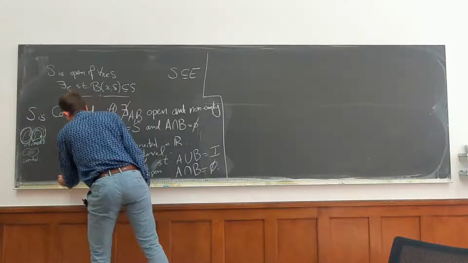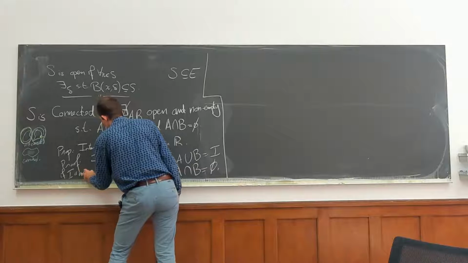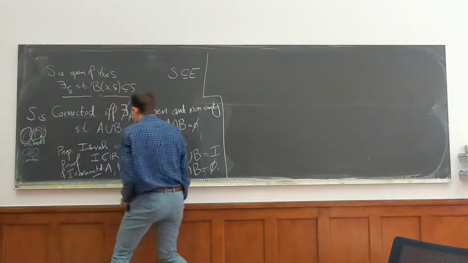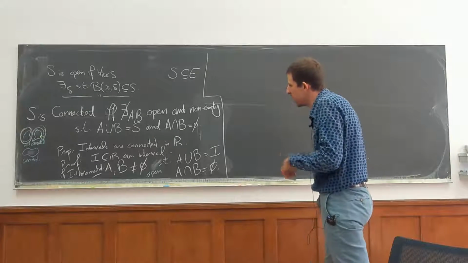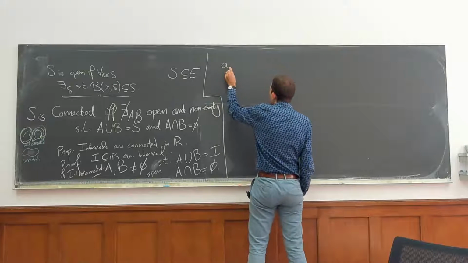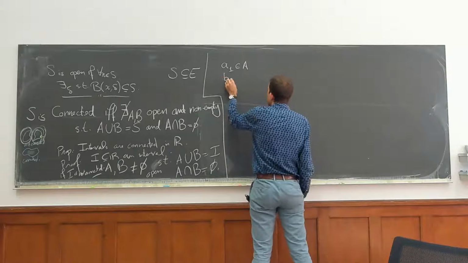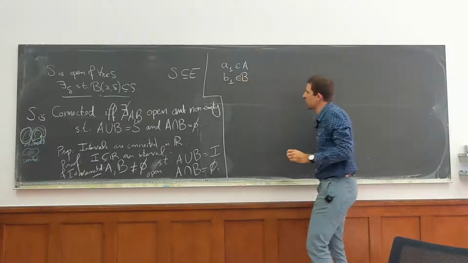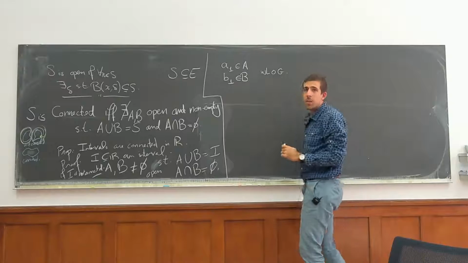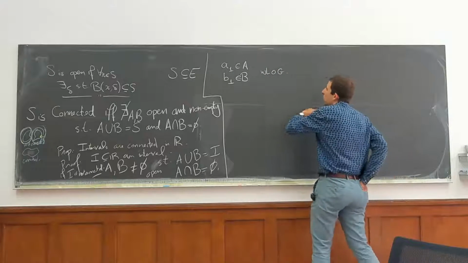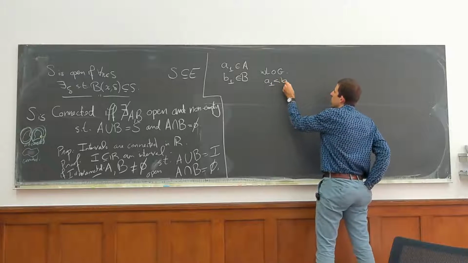Okay, so if I is not connected, then let's take this and let's prove a contradiction. So take A1 in A, and take B1 in B. Now let's say, without loss of generality, that A1 is smaller than B1.